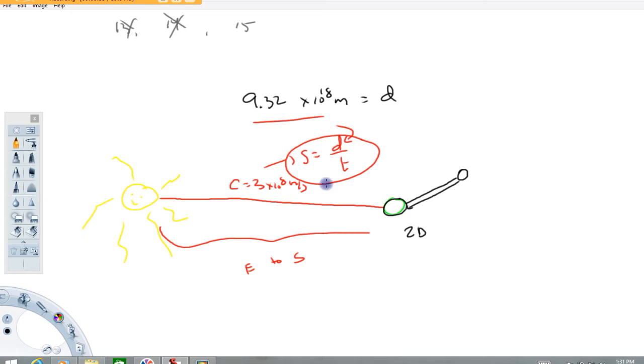Then we use the formula that speed is equal to distance over time. For the speed, you're still using the speed of light. Even though it's microwaves, it's still EM radiation. All electromagnetic radiation travels at 3 times 10 to the 8th meters per second. So put that value here and solve for t.